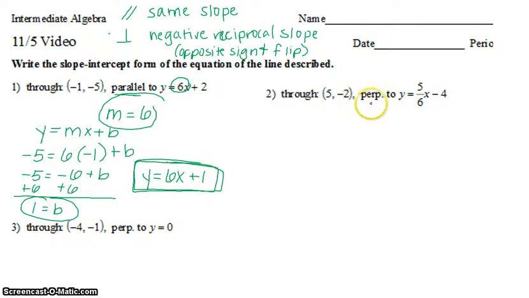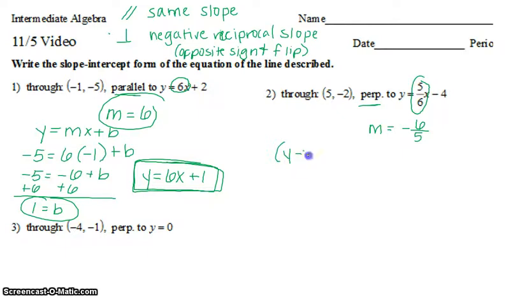On number 2, this time we're doing perpendicular. So when I look at this slope, I want to flip it, make it 6 over 5, and make it negative. That's the slope that I'm going to use for this line. Like I said a minute ago, I want to use the second method on this problem. You could still use the same method, I just want to make sure I show them both to you.